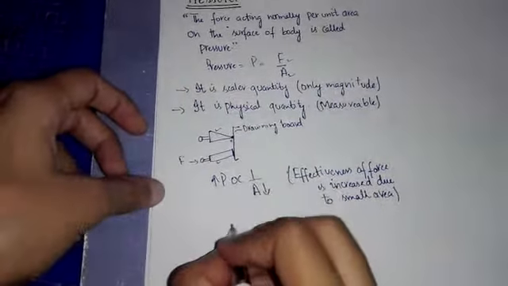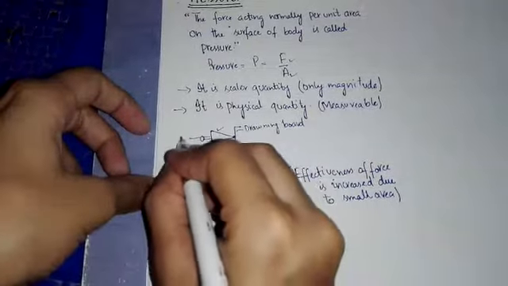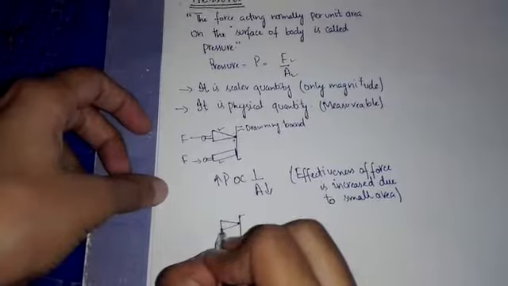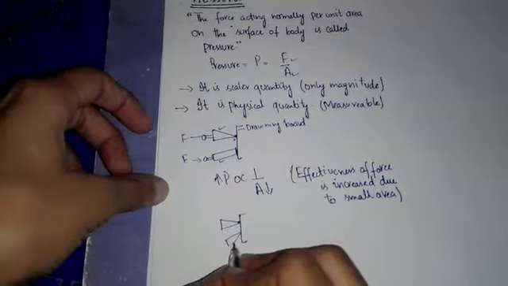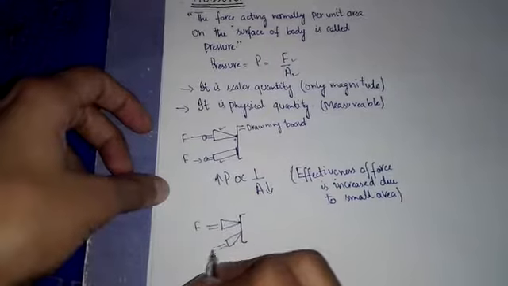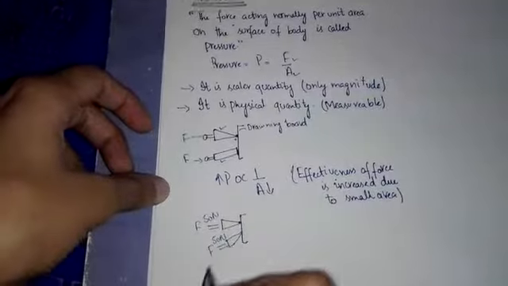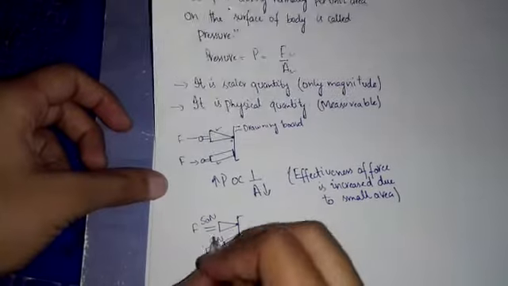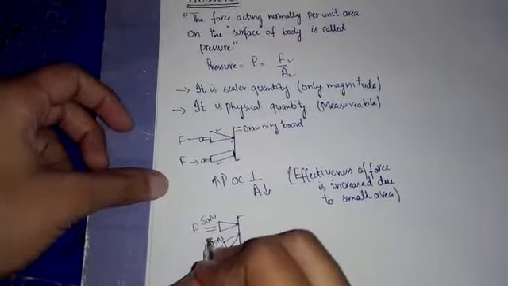Moreover, one more example from here: if we have two same drawing pins, right? And we are applying some force on these drawing pins, for example, 50 Newton force on this pin and 30 Newton force on this pin.